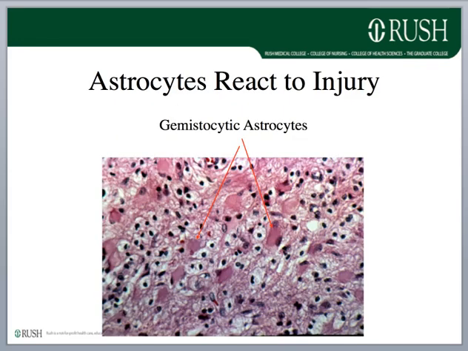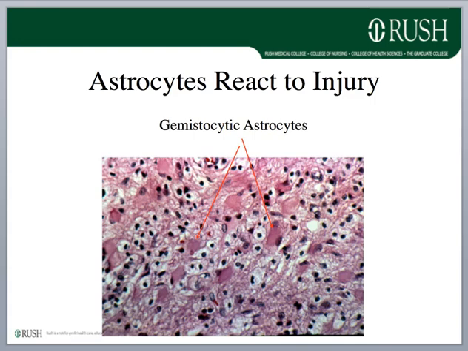In reaction to injury, the nuclei of astrocytes become enlarged, vesicular, and develop prominent nucleoli. The previous scant cytoplasm, which is hard to see on H&E sections, becomes bright pink, as indicated by the arrows here. And the nucleus becomes sort of displaced to the periphery of the cell.